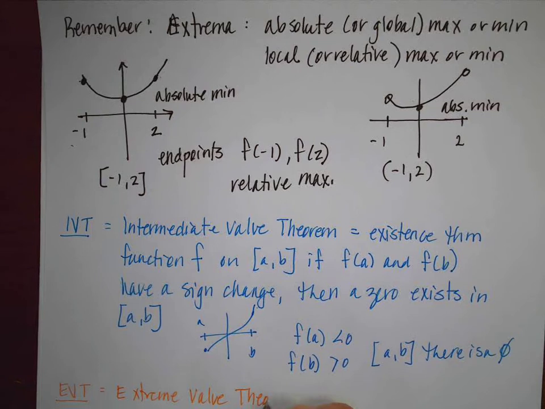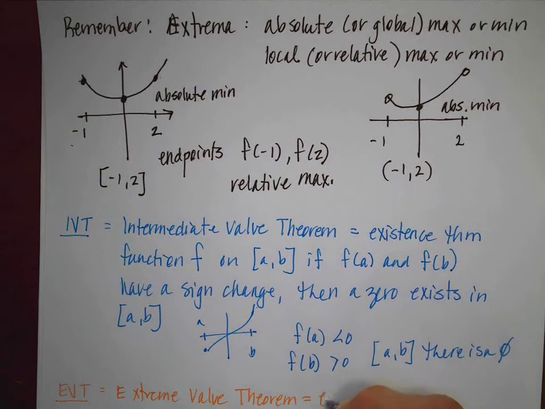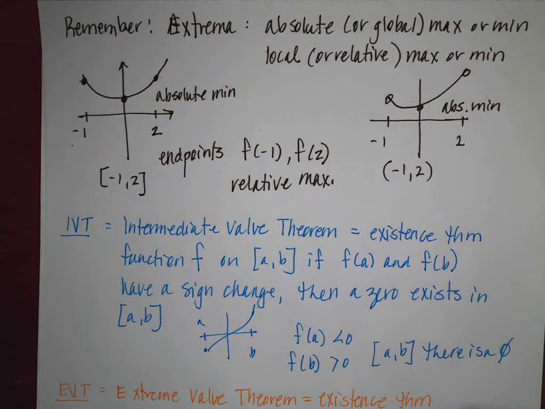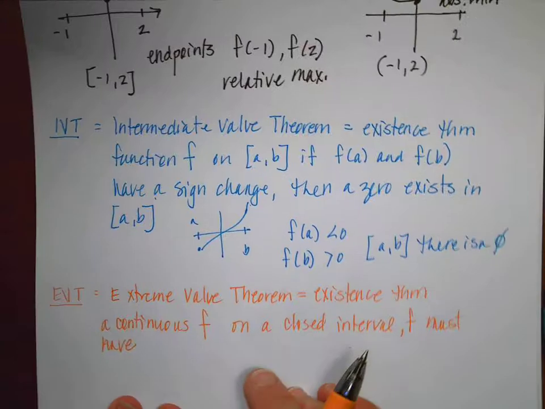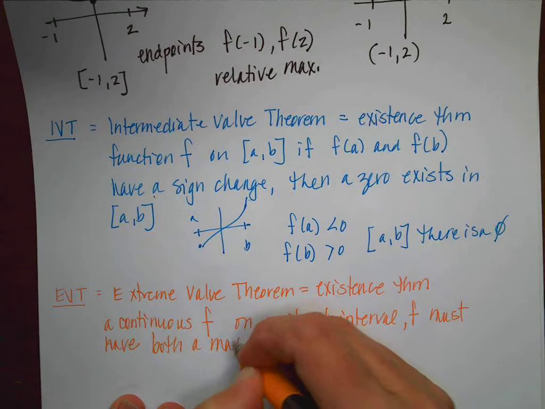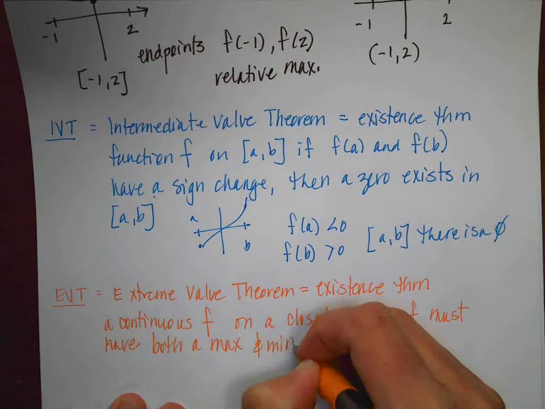It is also an existence theorem, and it says if I have a continuous function on a closed interval, then f must have, oops, you can't see that, sad day. Now you can. Must have both a max and a minimum.